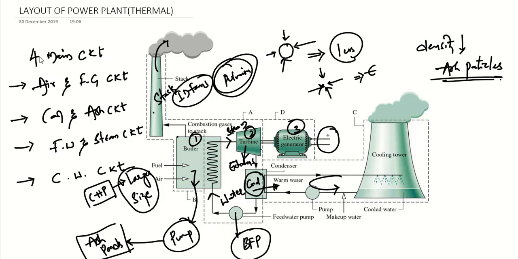As of now, what we have seen is that the function of the boiler is to generate steam. The function of the condenser is to condense the steam coming out of the steam turbine at low pressure. The function of the steam turbine is to convert part of the heat energy of the steam into mechanical energy. The function of the pump is to raise the pressure of the condensate from the condenser pressure.